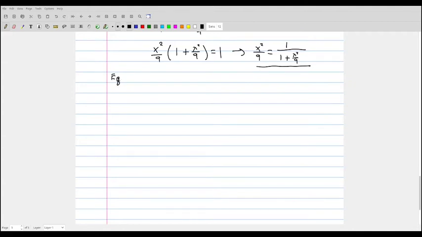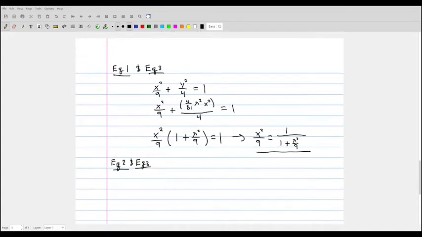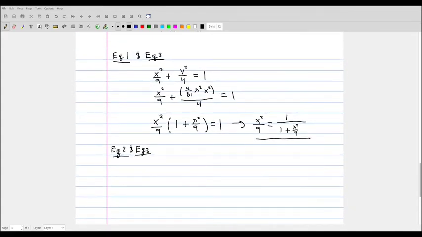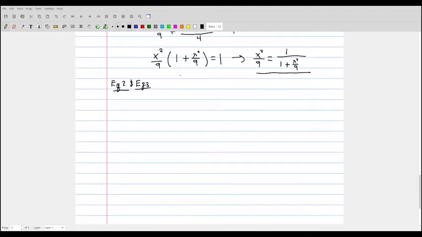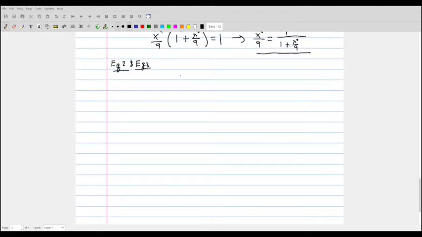We want to do the same thing for equation 2 and equation 3. That is, plug equation 2 into this expression for equation 3. And the idea is that this is actually going to eliminate x for us in this equation.